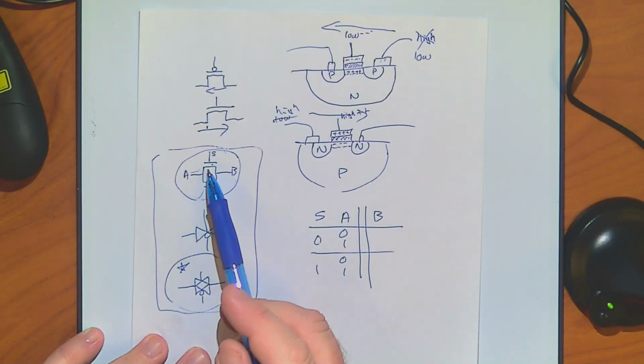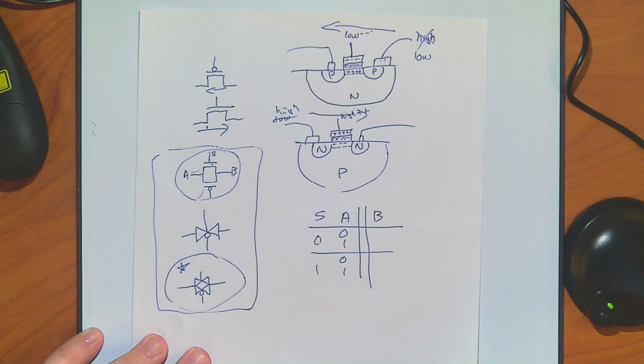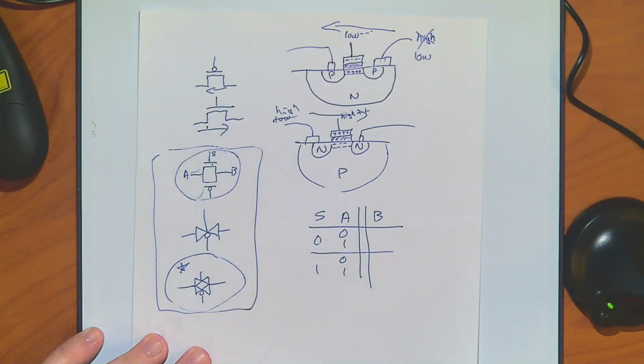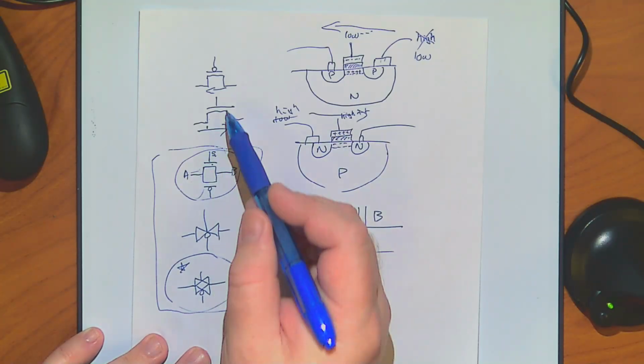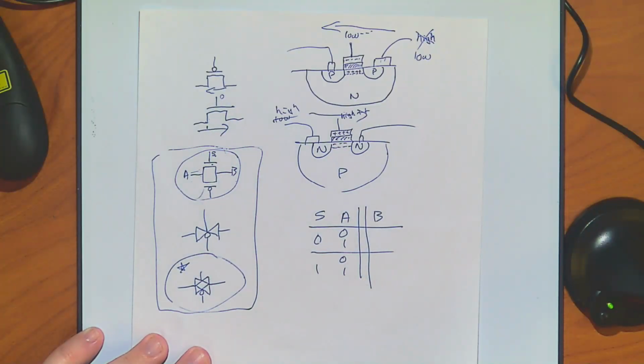Now, when does this top gate, this one here, when does this one allow me to transfer? When S is 0 or 1? So if this S here is 0, will this gate be on or off?